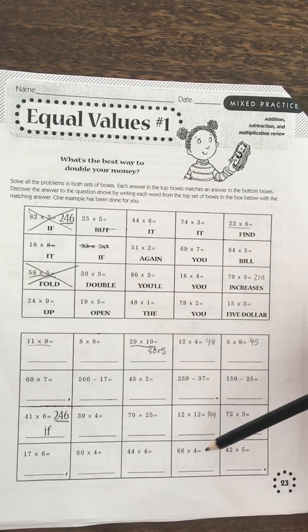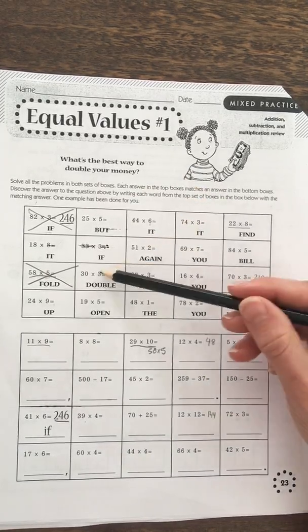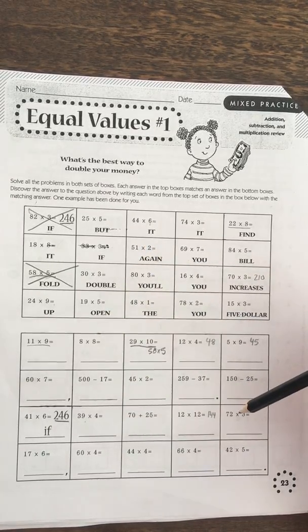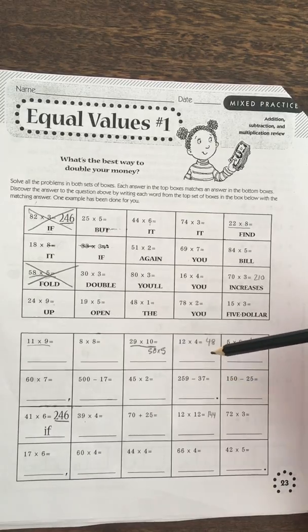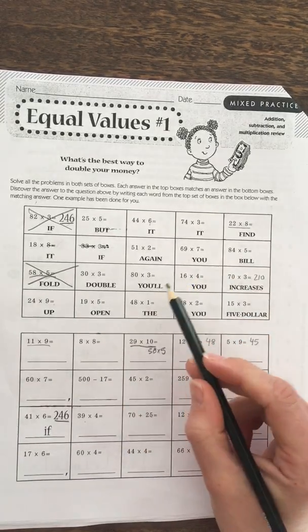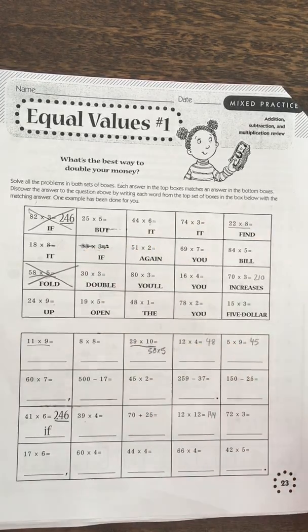Right now I'm seeing a lot of 3s and 6s, and I wonder if there's something here I could use for doubling and halving with 3s and 6s. So we have 33 times 3.